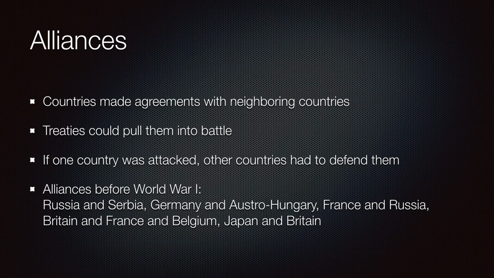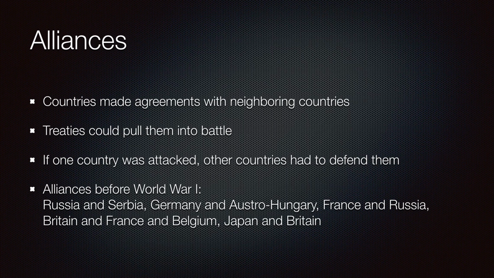There were several alliances before World War I. Russia and Serbia had an alliance, Germany and Austro-Hungary had an alliance, France and Russia had an alliance, Britain, France, and Belgium had an alliance, and Japan and Britain had an alliance. So the way that World War I started is Austria-Hungary declared war on Serbia, and then Russia got involved to defend Serbia.